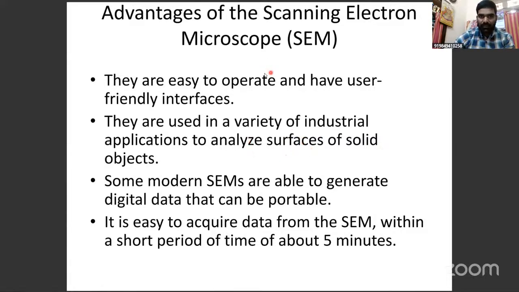Some modern scanning electron microscopes are able to generate digital data that can be ported. They can also acquire data within a short period of time, up to about 5 minutes, and give the data of that sample or specimen.